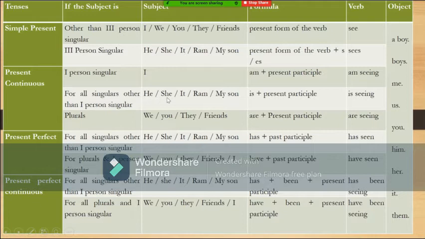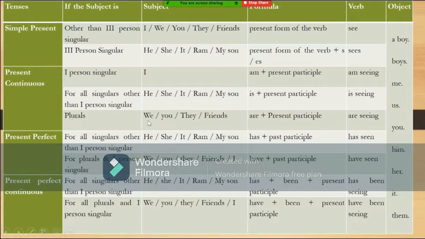He singular, she singular, it singular, Ram singular, my son singular. Except first person singular, all other singulars will have is. The auxiliary verb is used for all other singulars except I. For first person singular, we have to use am. For other singulars, is.